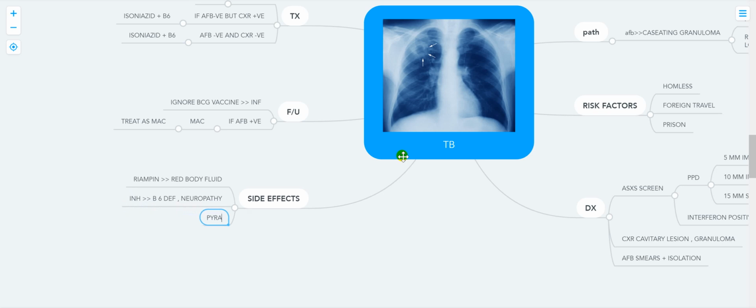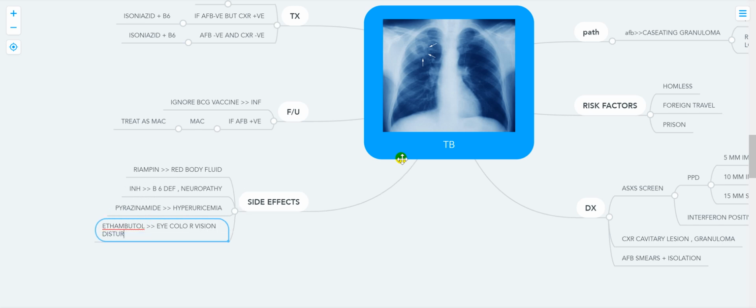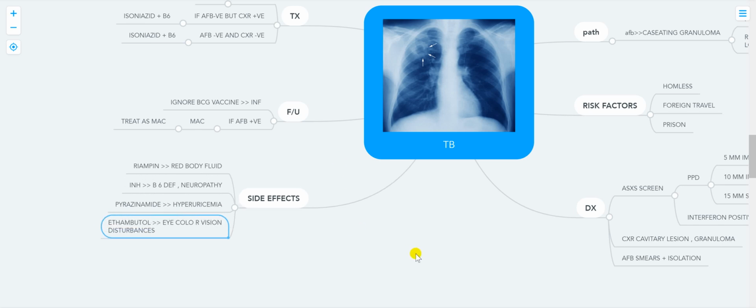Pyrazinamide causes hyperuricemia. Ethambutol causes eye color and vision disturbances. So these are the side effects of medication.